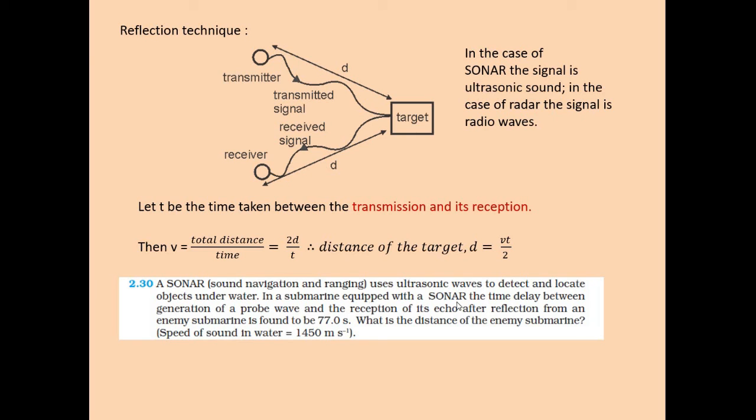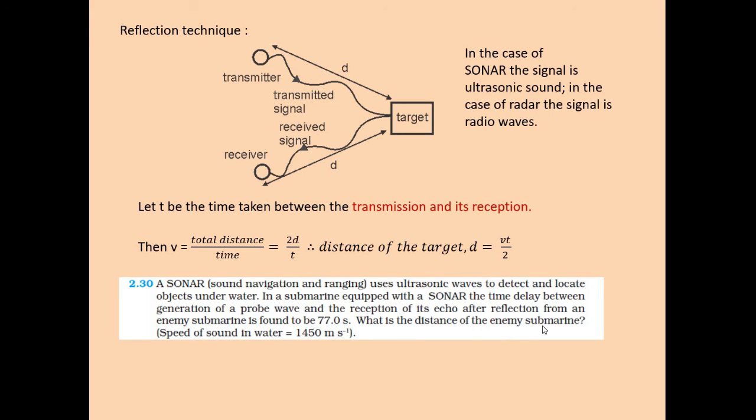In a submarine equipped with a sonar, the time delay between generation of a probe wave, or signal, and the reception of its echo after reflection from an enemy submarine is found to be 77 seconds. He says t is 77 seconds.